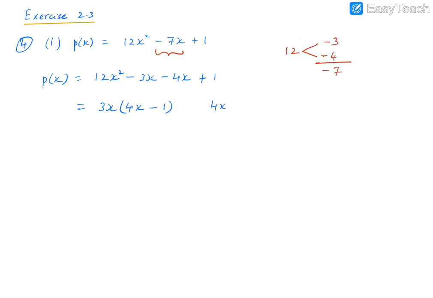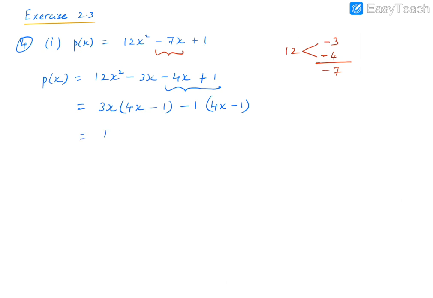So we'll reuse that same term, 4x minus 1. And with what number do we multiply 4x minus 1 to get the second half of this expression? We need minus 4x plus 1. So clearly we have to multiply it with minus 1. Minus 1 into 4x will give us minus 4x, and minus 1 into minus 1 will become plus 1.